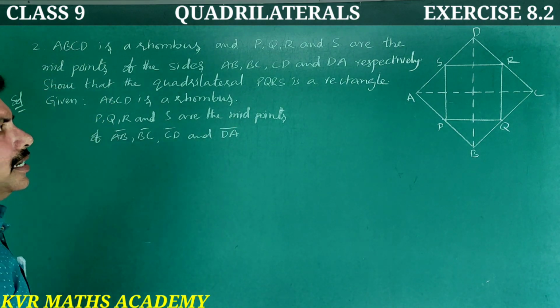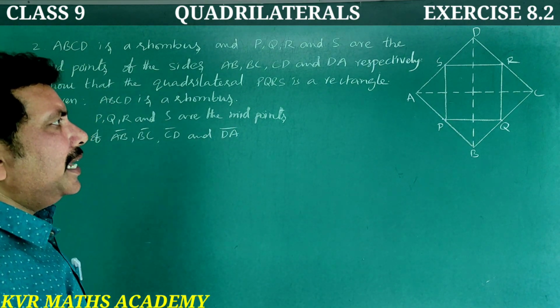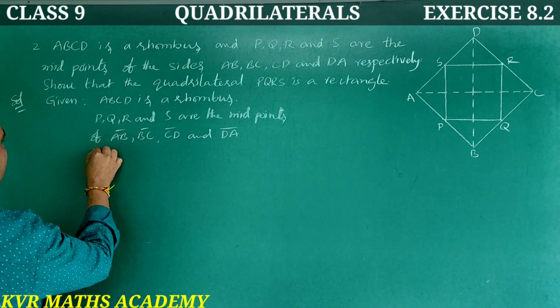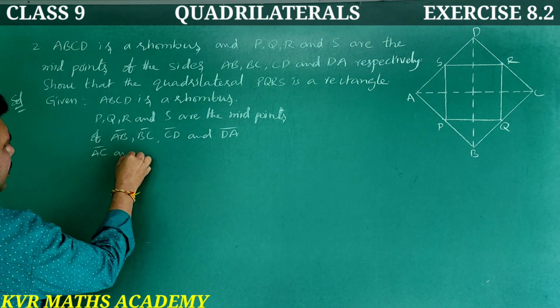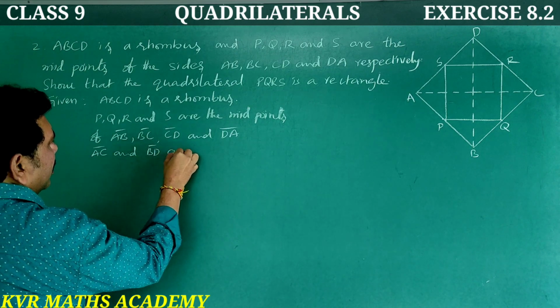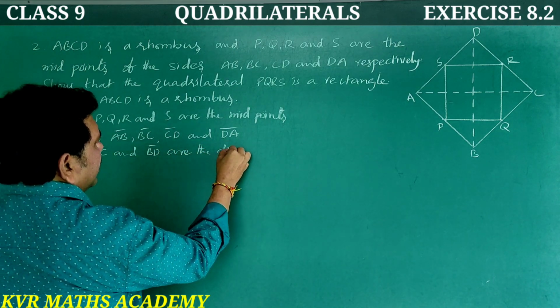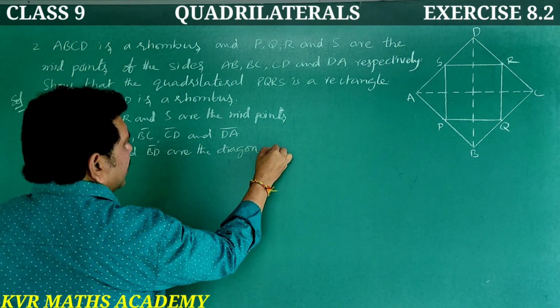Right? Next, AC and BD are the diagonals. మనం డ్రా చేసాం. AC and BD are the diagonals. Right? The diagonals.